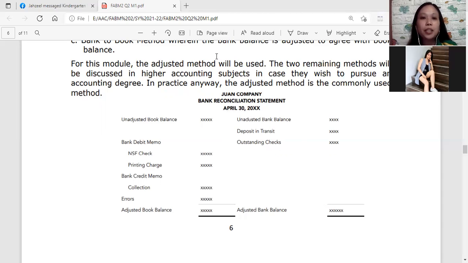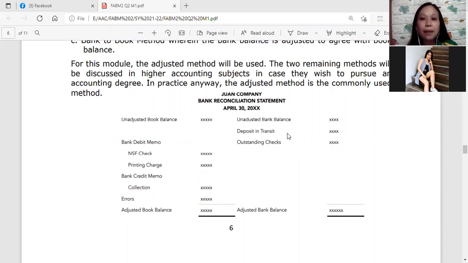So you have there an adjusted book balance. XXX means an amount. It could be any amount, depending on what is given. And then, look at this. These are two different terms. This is an adjusted book balance, and this one is an adjusted bank balance.